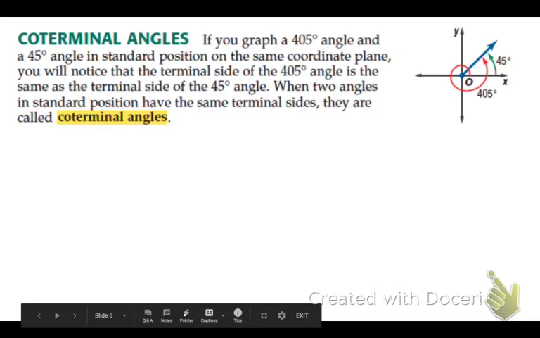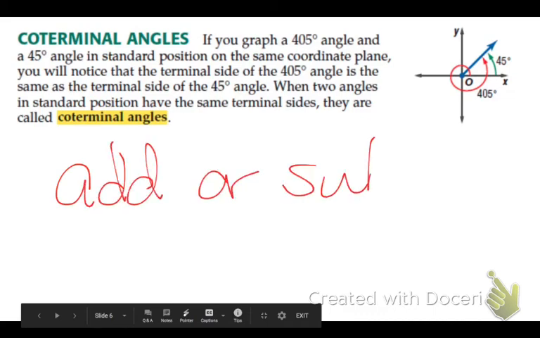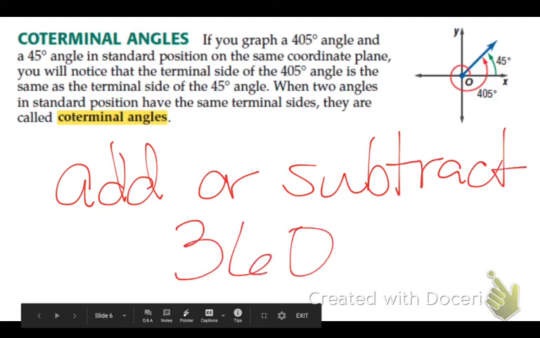Just to back up real quick, if you notice, the difference between coterminal angles is always going to be 360 degrees. So when you're identifying coterminal angles, you are going to add or subtract 360 degrees.